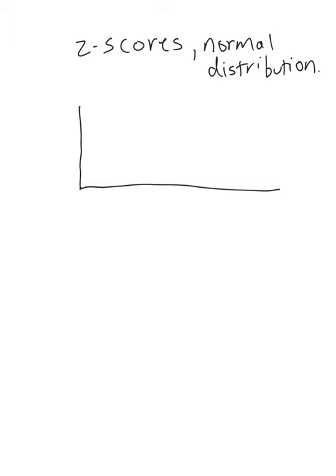Most people tend to make around here, and then as you go up, we're getting more and less people, and probably all the way down here, you're gonna have Jeff Bezos, right? So this graph, being a very skewed graph, will not work well for the normal distribution and our z-scores. It does not apply. So we can't use it this way.